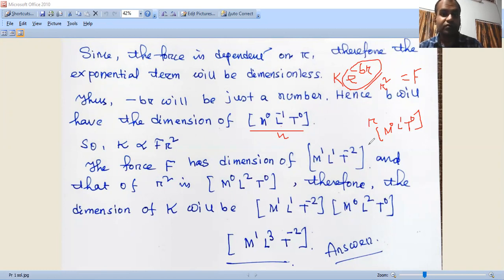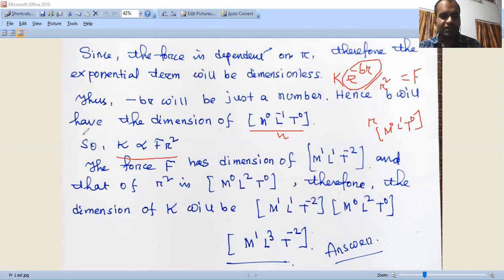Now we should also calculate the dimension of the quantity K. As per this question, K is proportional to F R square. F stands for force and R stands for distance.